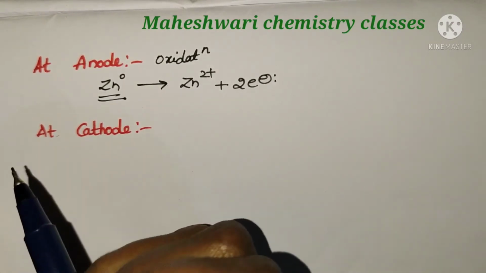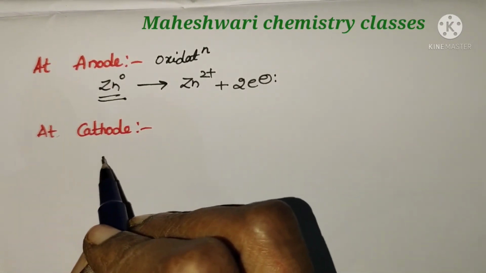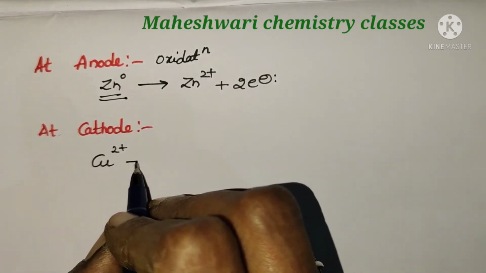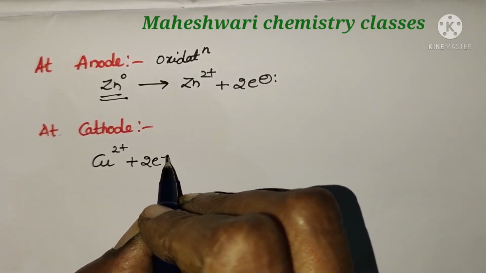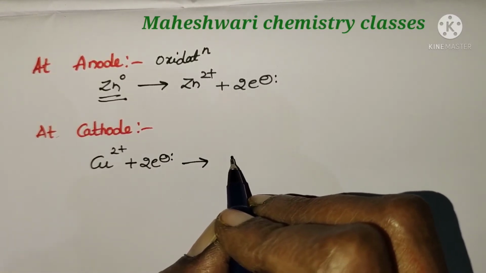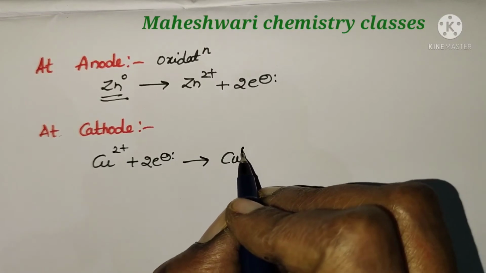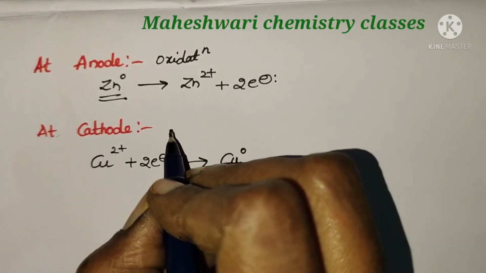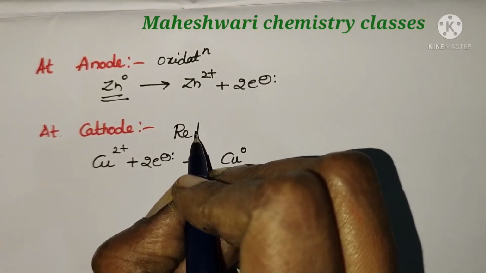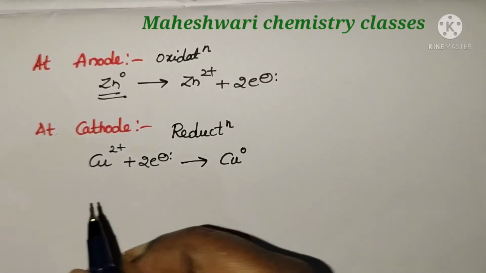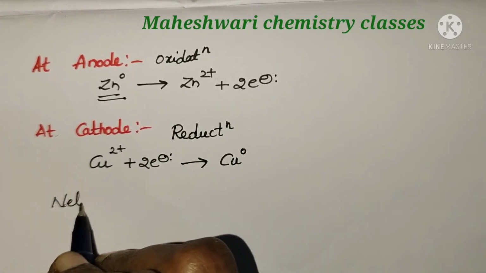Next, at the cathode what have we taken? Copper, right? Two empty places are there, that is why it absorbs 2 electrons from the anode and it undergoes reduction and becomes copper 0. Here addition of electrons is nothing but which reaction? Reduction reaction.